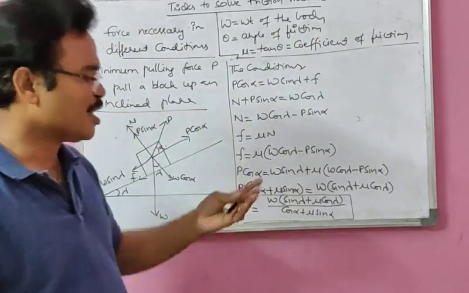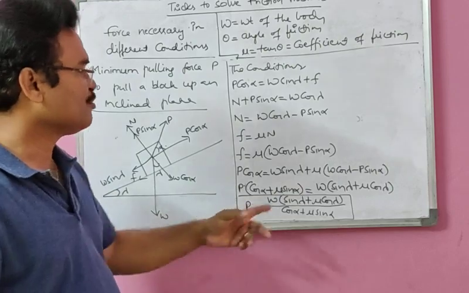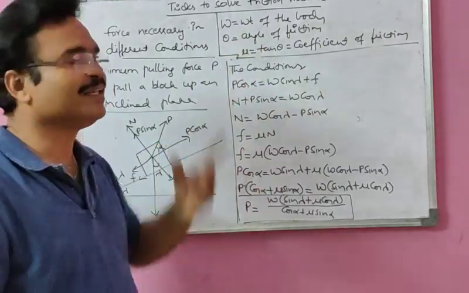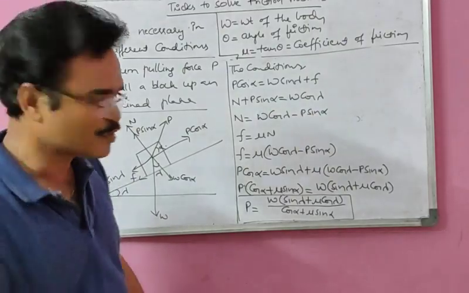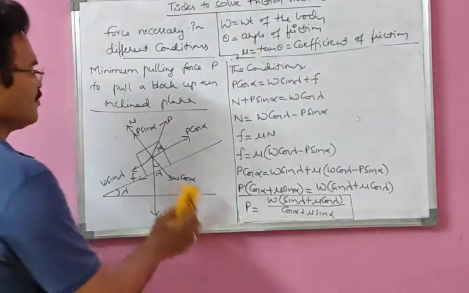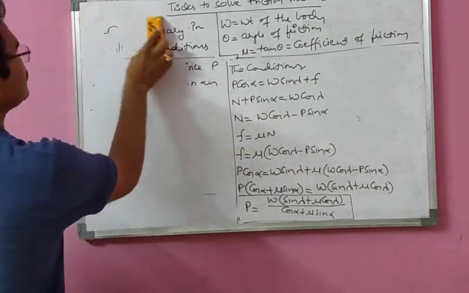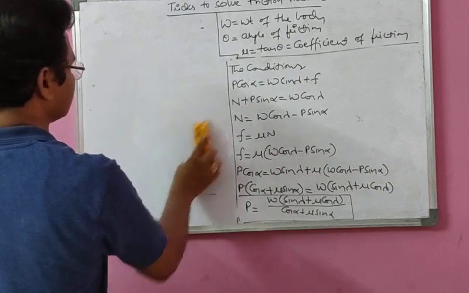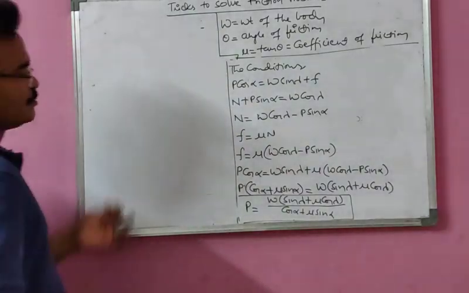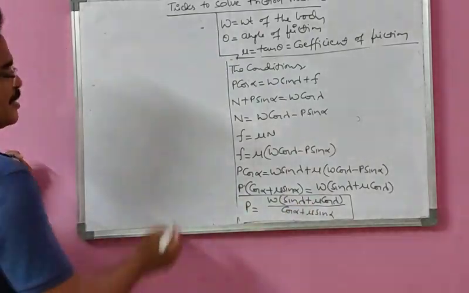But suppose you want this expression in terms of the angle of friction theta, you have to replace mu by tan theta, that is sin theta by cos theta. So what happens if you substitute here? Let us see. Substitute mu equal to sin theta by cos theta.